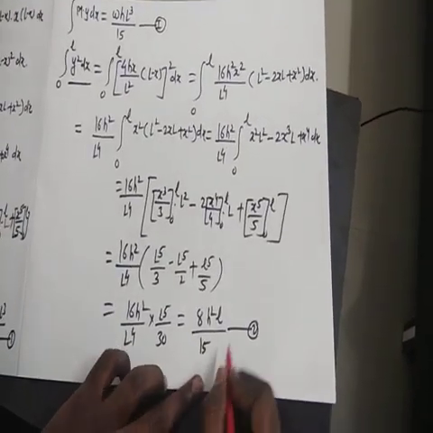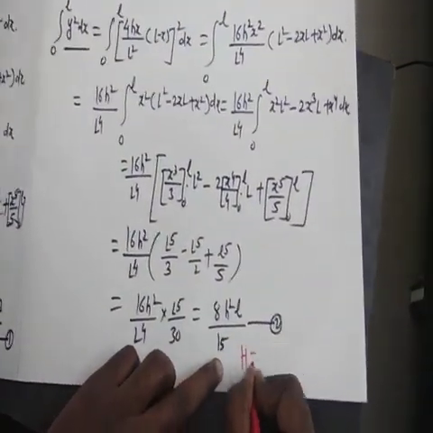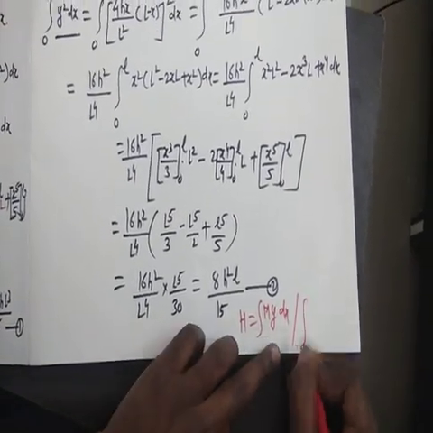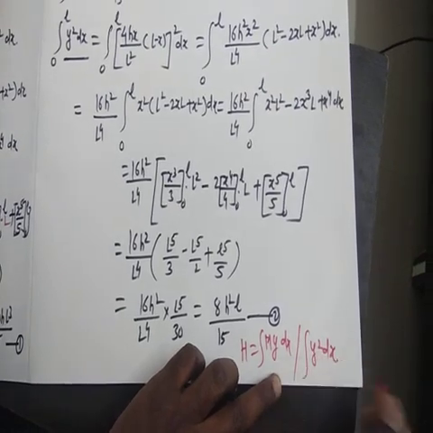Now next for H. So H is equal to integration m y dx divided by integration y square dx.